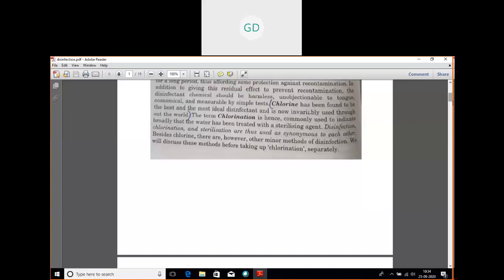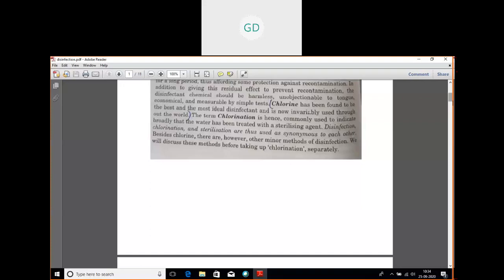So what is done there is first filtration, and after filtration directly disinfection is done. After disinfection, that water is directly supplied. You can drink that water, so you can see how important disinfection is.